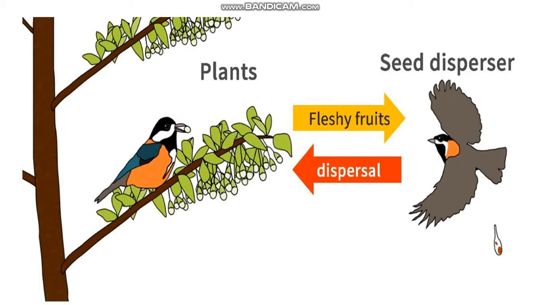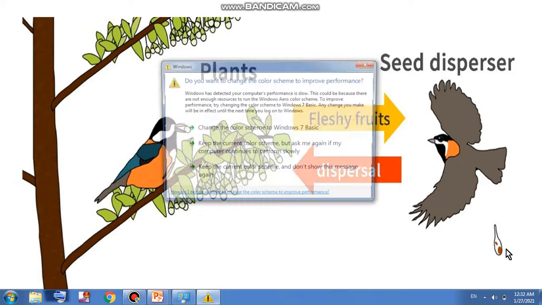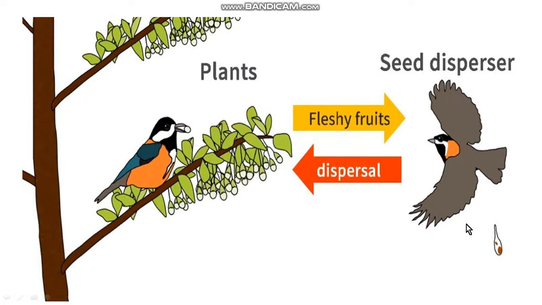Here you can see how a bird consumes a fleshy fruit and then flies. After that, the undigested seed passes through its digestive system and falls on the earth, and then the seed is dispersed again and grows into a plant. So in this way animals and birds also play a very important role in the dispersal of seeds.